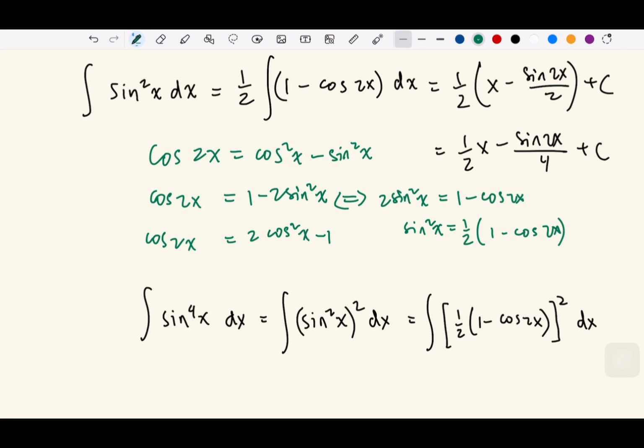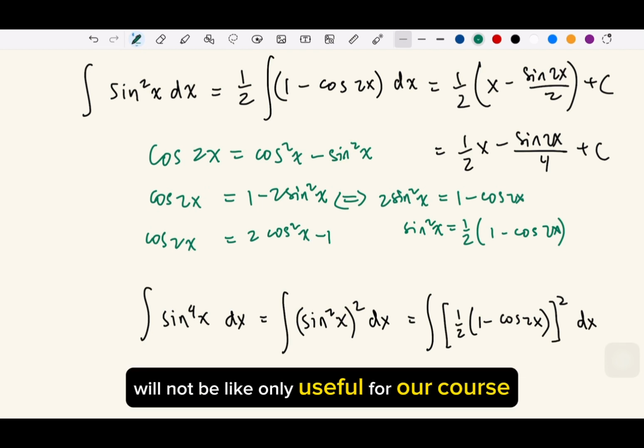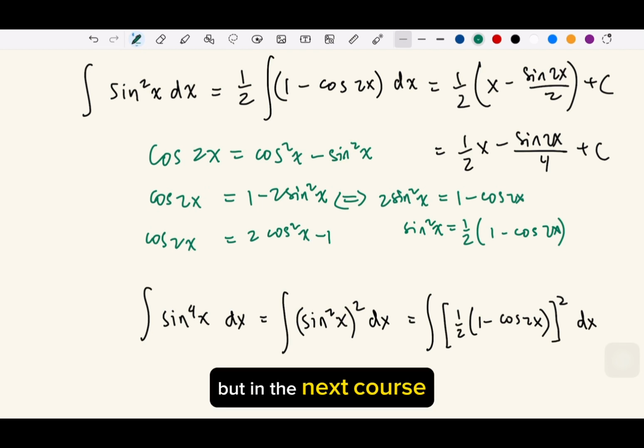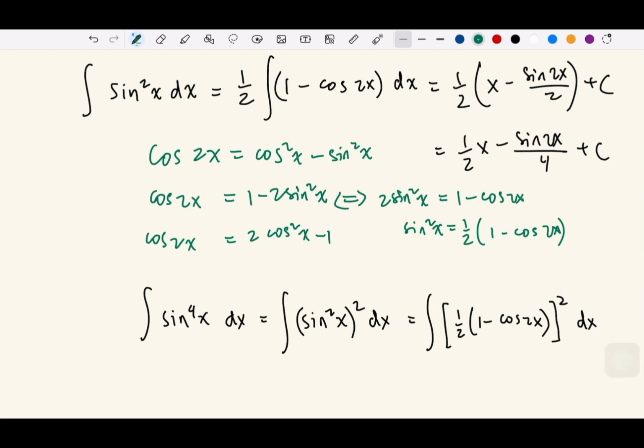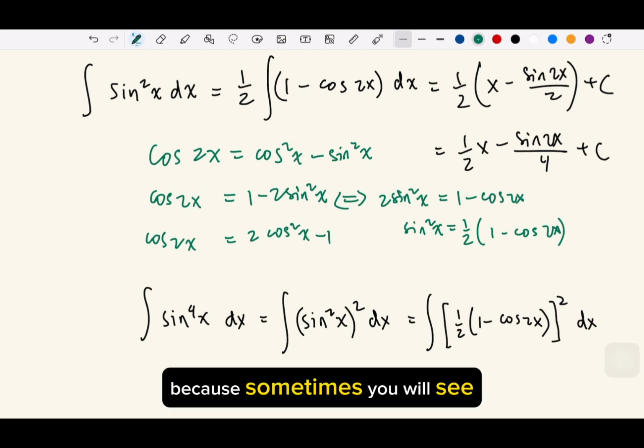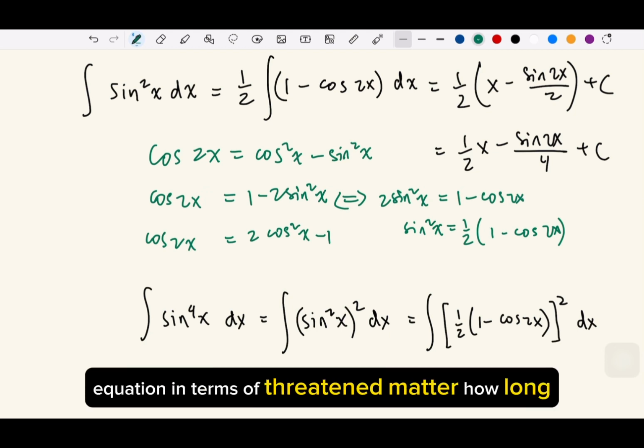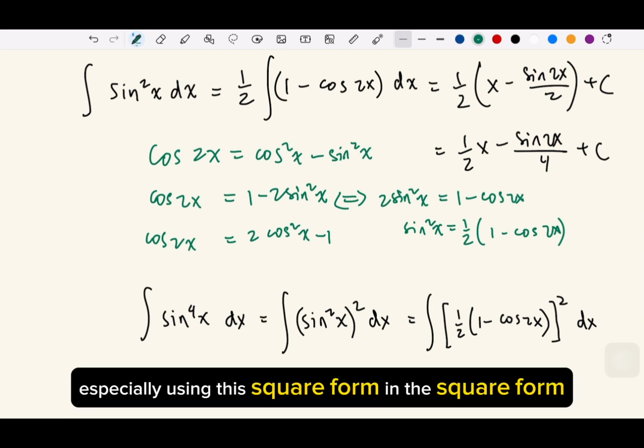So this double angle will not only be useful for our course, but in the next courses it will be really helpful. Sometimes you will see many equations in terms of trigonometric functions, especially in this squared form.